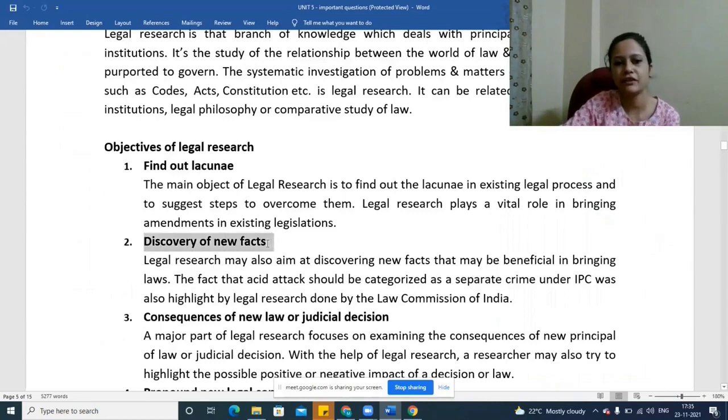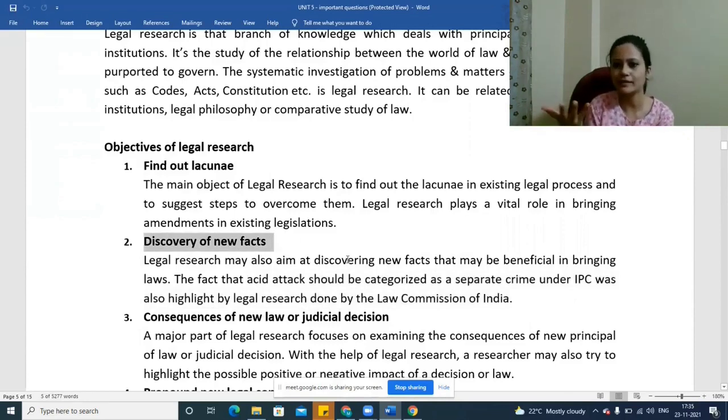Next is discovery of new facts. Legal research may be beneficial in bringing laws. The fact that acid attacks should be categorized as a separate crime under IPC was also highlighted by legal research by the Law Commission of India. That means it is discovery of new facts.